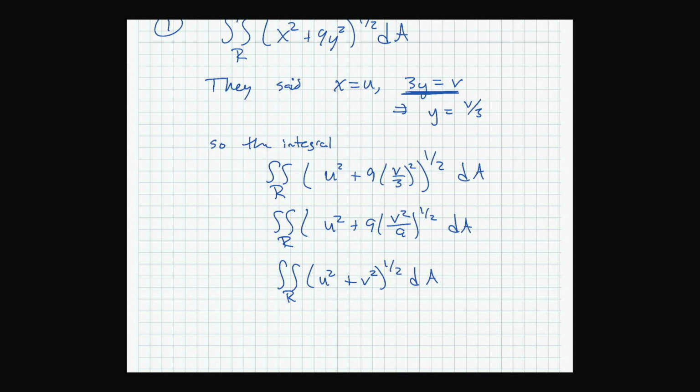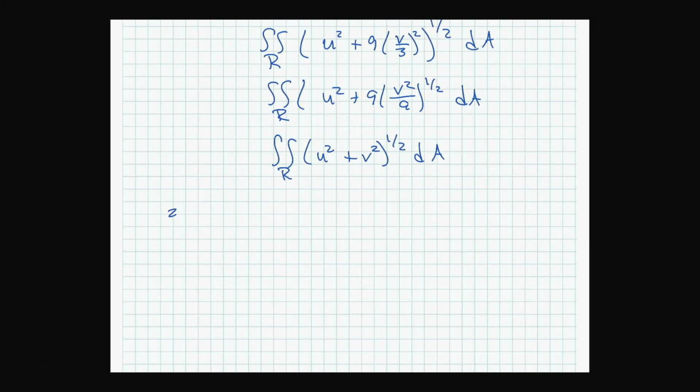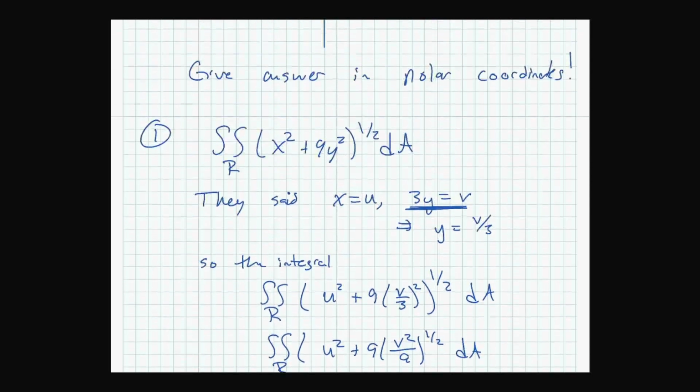So what would we do then? So we can find the Jacobian of the transformation. At some point, we need to do that. Actually, no. Let's look at the region. Okay, yeah. So the curve on the edge of R, they told us was the ellipse, right?